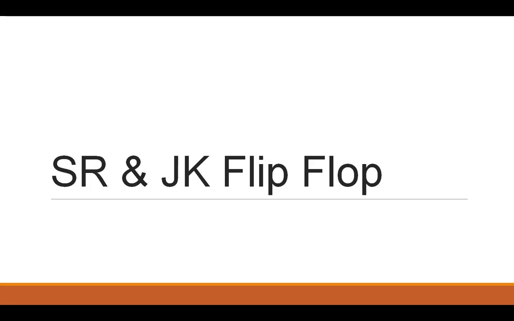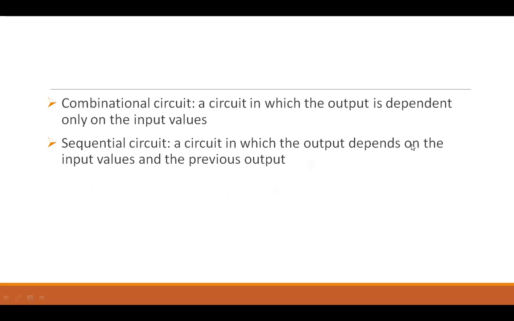So today I'm going to show you the RS and JK flip flops, and these are called sequential circuits. The circuits you have studied up till now are called combinational circuits. A combinational circuit is always dependent on the input value. Whatever input you give, the result is based on that.